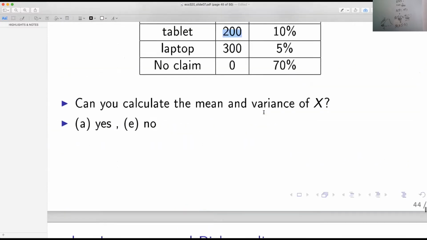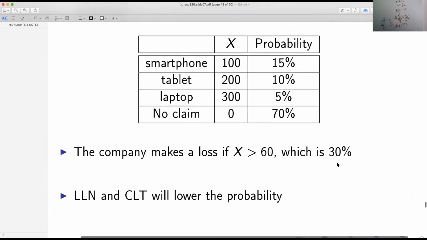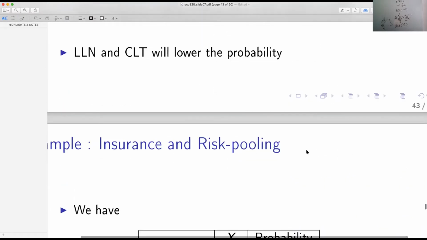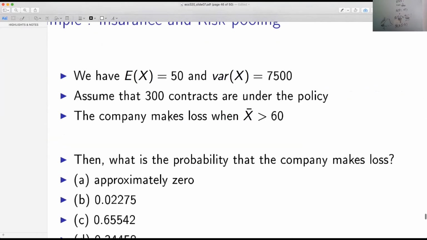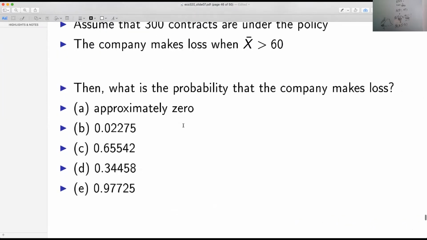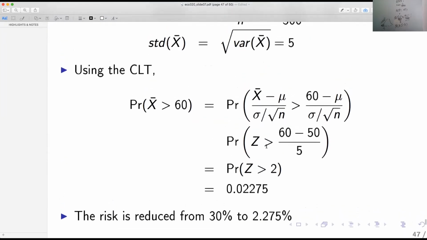So with a 30% chance, you can make a loss, right? That was how you get the 30%. But when you have more contracts, a larger sample size, X bar on average, the risk is reduced from here to here.